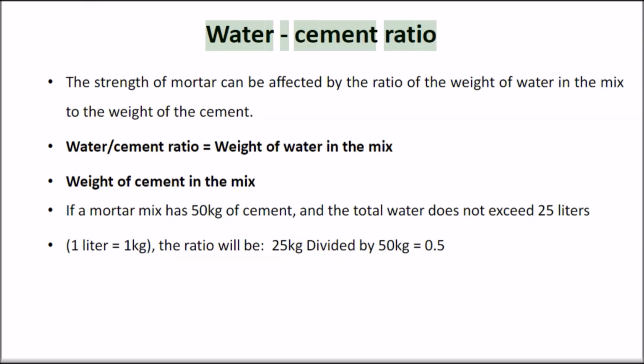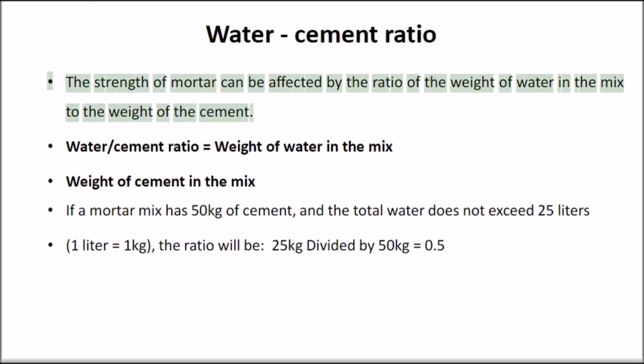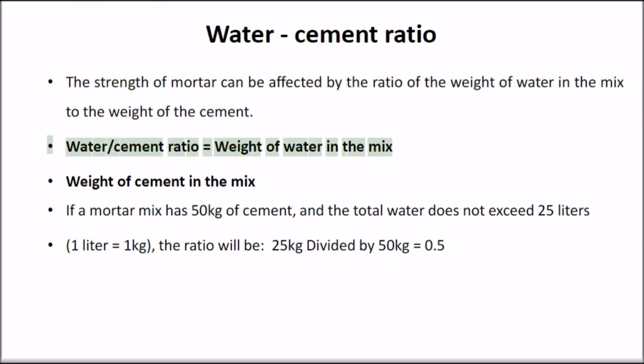Water-cement ratio. The strength of mortar can be fixed by the ratio of the weight of water in the mix to the weight of the cement. Water-cement ratio equals weight of water in the mix over weight of cement in mix.